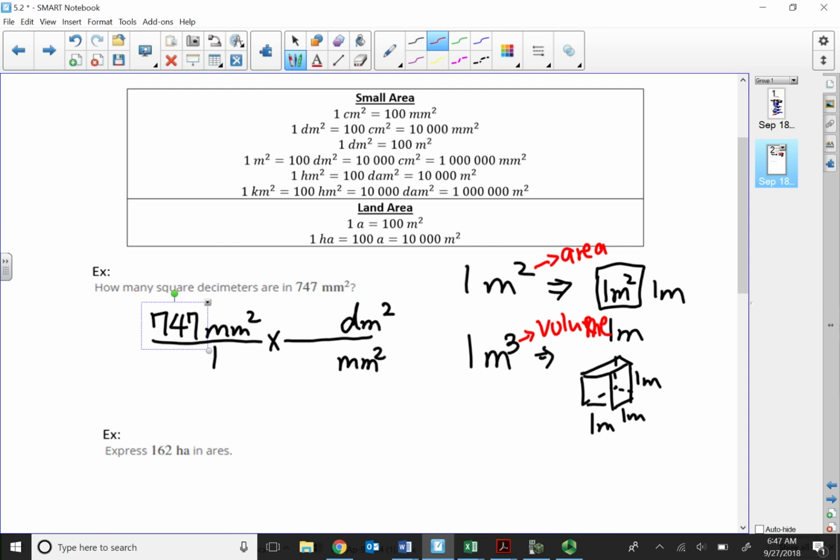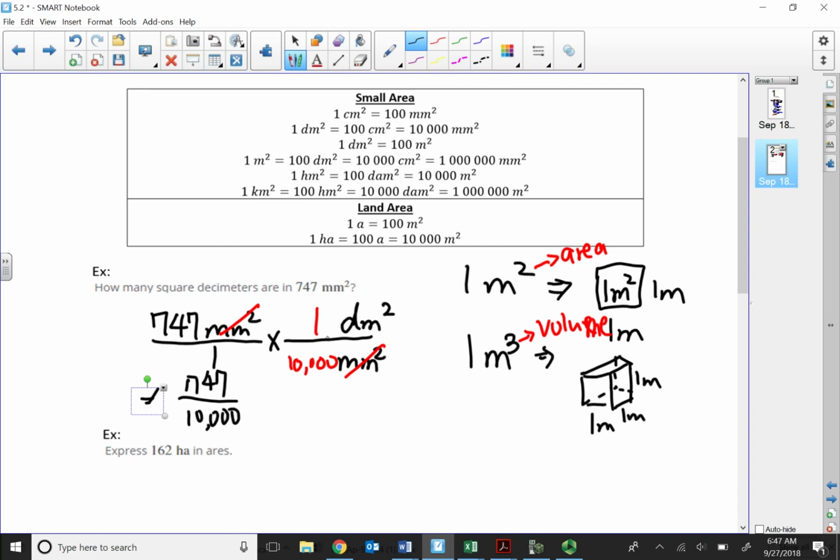And my ratio is 1 square decimeter is equal to 10,000 square millimeters. All right, square millimeter cancels out. So this problem is simply 747 times 1 is 747, over 1 times 10,000, which is 10,000.